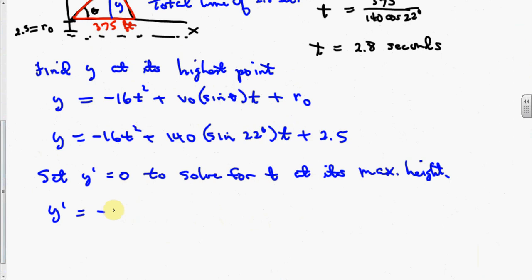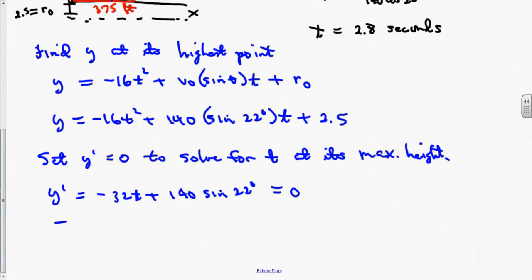So y prime is equal to negative 32t plus 140 times sine of 22 degrees. We set that equal to 0. Well, this implies then that t is equal to negative 140 times sine of 22 degrees all over negative 32.